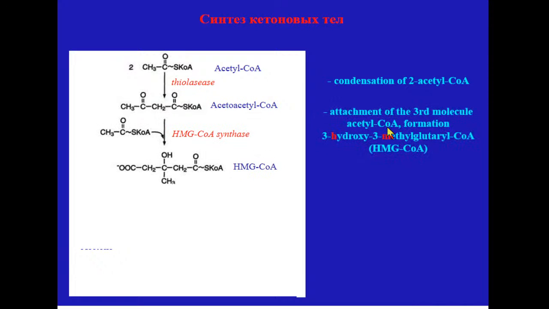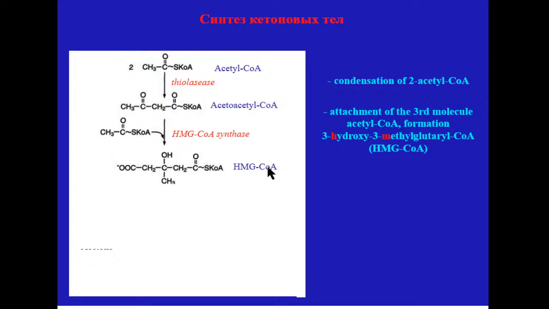The next step is attachment of the third molecule of acetyl-CoA, look, and formation of a substance new for us. It's necessary to look at it and understand how its name is formed and how the abbreviation of the name is formed.